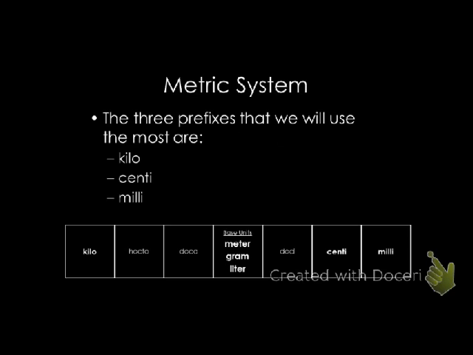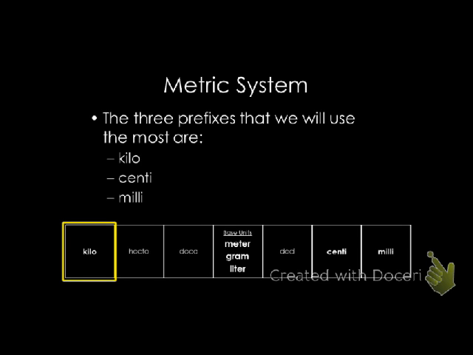Now the most common prefixes that we would use are kilo, centi, and milli. And for kilo, centi, and milli, we can see that they are located on different sides of that metric scale. Kilo is on the far left.